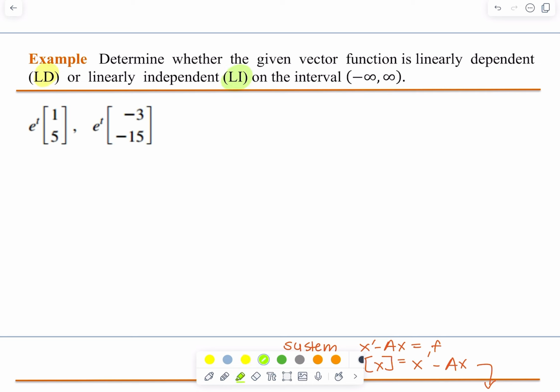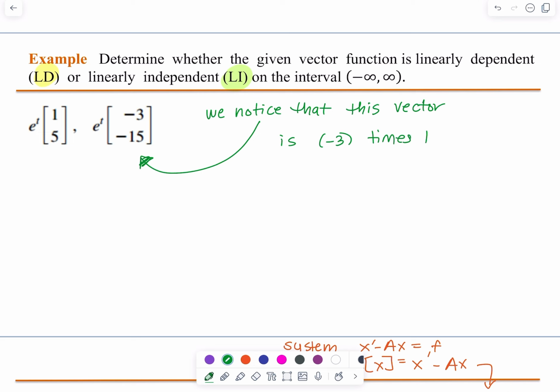Here we notice that the second vector, we'll call this x2 of t, is negative 3 times the first vector.